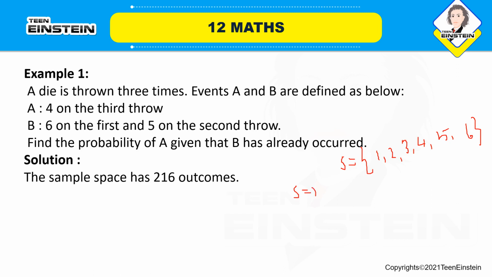It is the set of all outcomes. You are throwing a die 2 times, so I will get either 1 1 or 1 2 or 1 3 or 1 4 or 1 5 or 1 6.